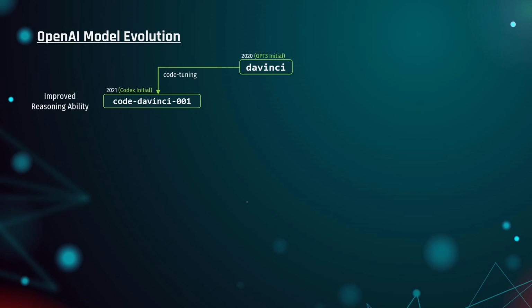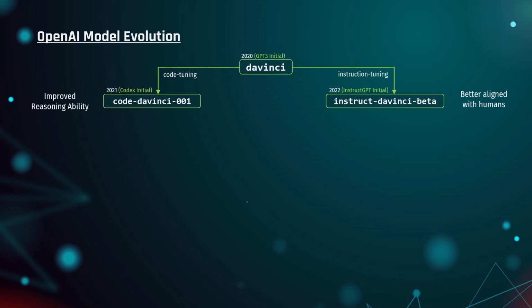On the other hand, the Da Vinci model was also fine-tuned on instruction tuning, which resulted in the creation of the model Instruct Da Vinci Beta, which was released in 2022, which is also known as Instruct GPT Initial, okay. And because of instruction tuning, the new Da Vinci model was better aligned with humans, okay.